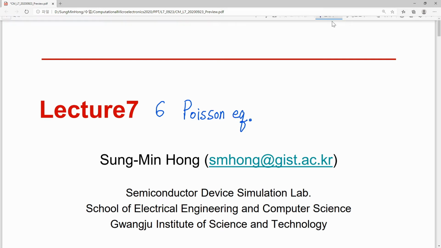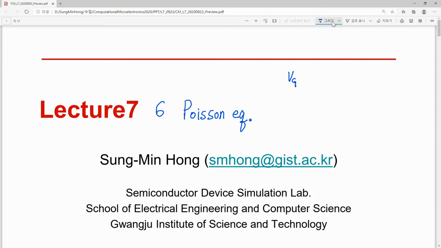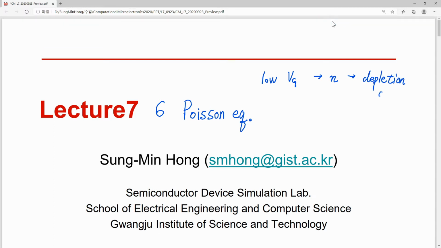As a result of our discussion in lecture 6, now we understand that if we have a low Vg value, then since we have a small electron density, our assumption of depletion approximation can be easily justified.